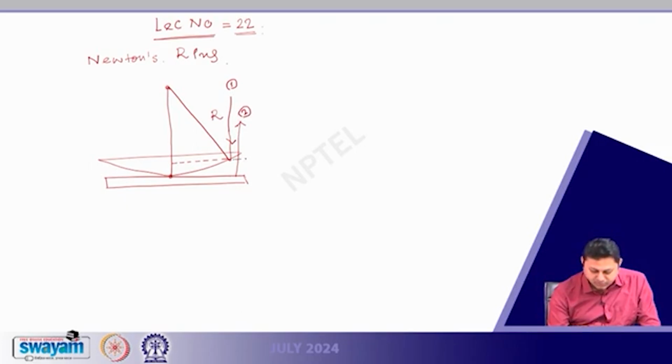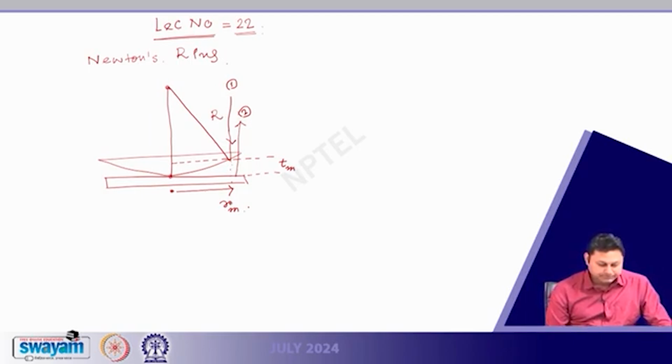Now this length, this path difference, I write as Tm, and if this is the origin, then from here to here, this point is say Rm.